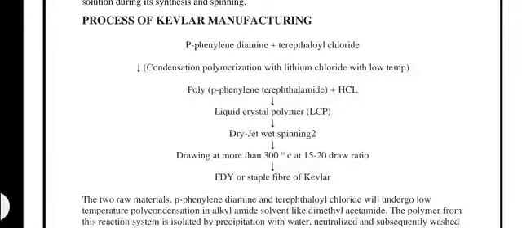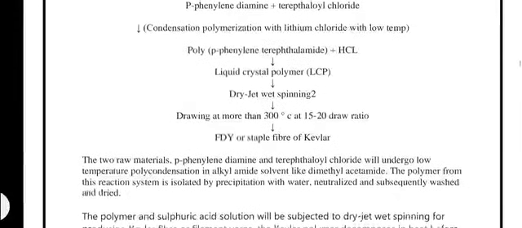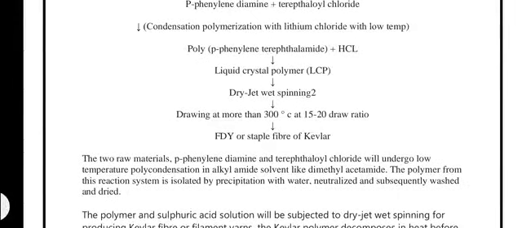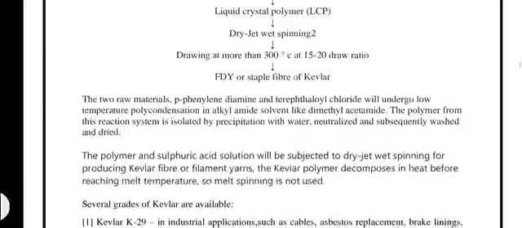A condensation polymerization with lithium chloride at low temperature occurs. Then HCl is added into this mixture. A liquid crystal polymer is formed that is passed through dry jet wet spinning, drying at more than 300 degrees Celsius at a 15 to 20 draw ratio, and finally staple fiber of Kevlar is produced.